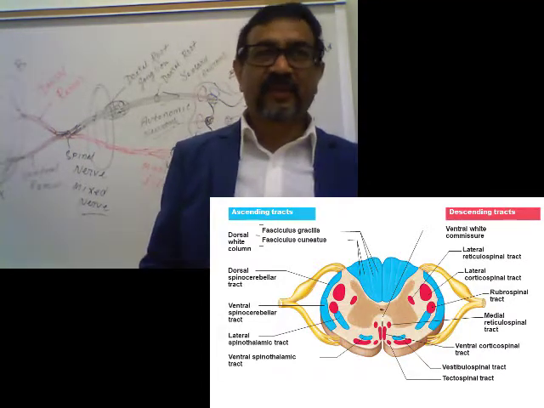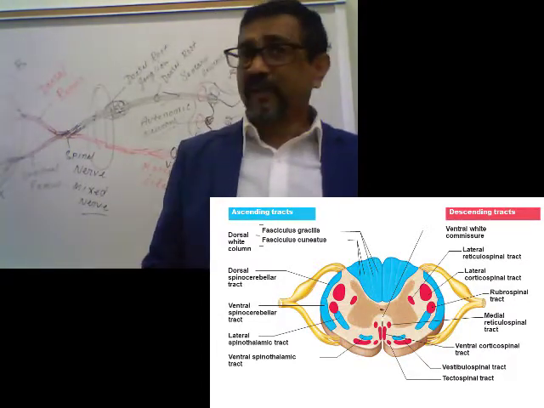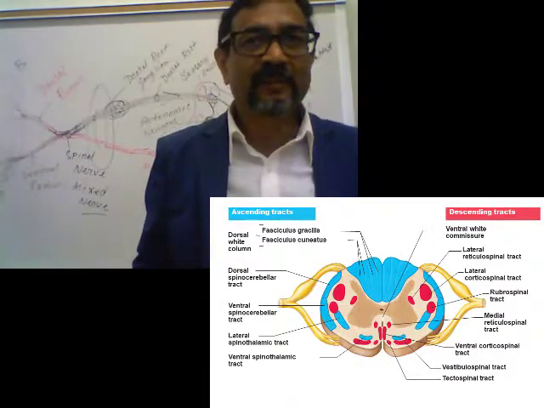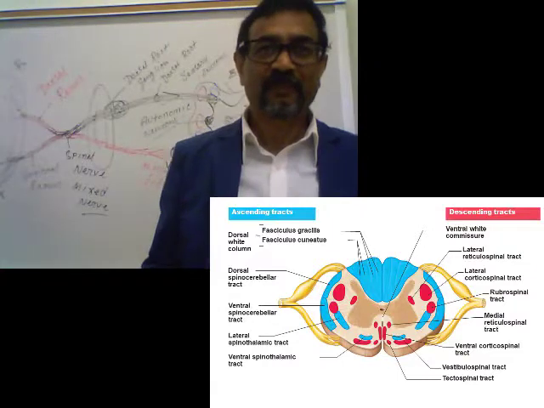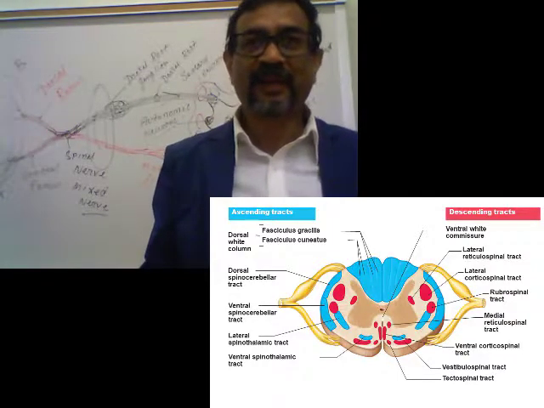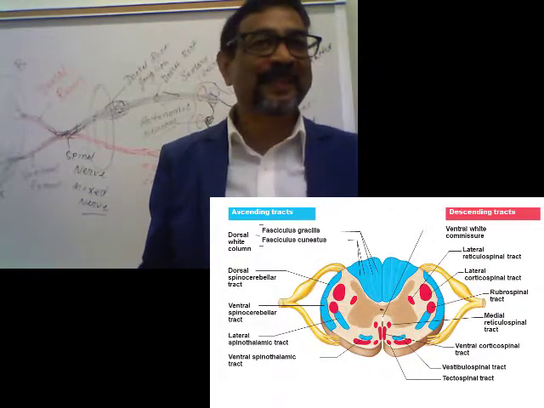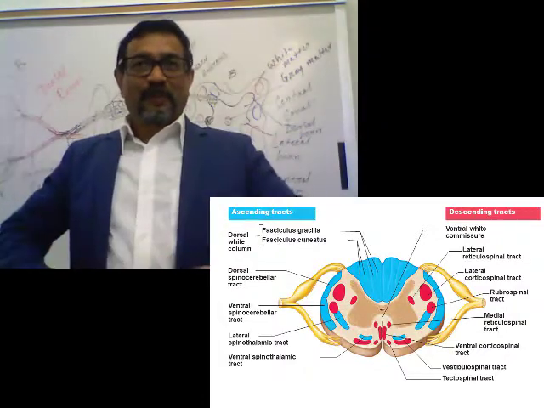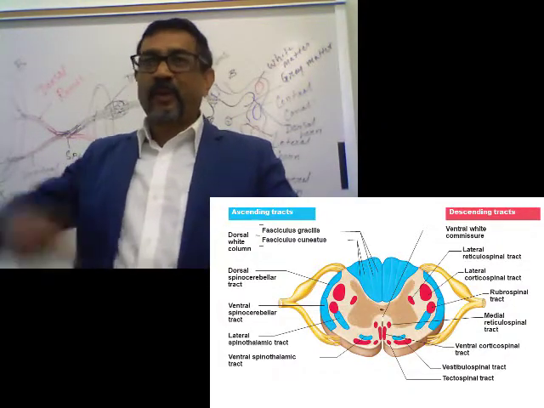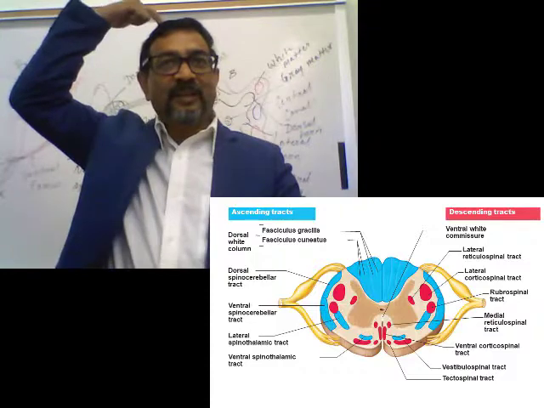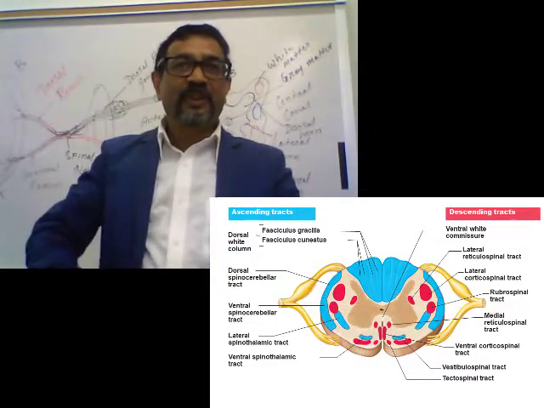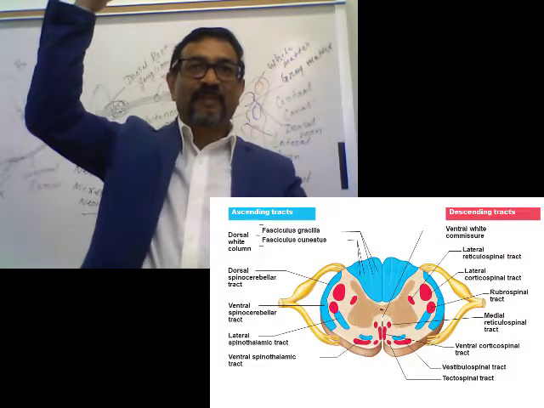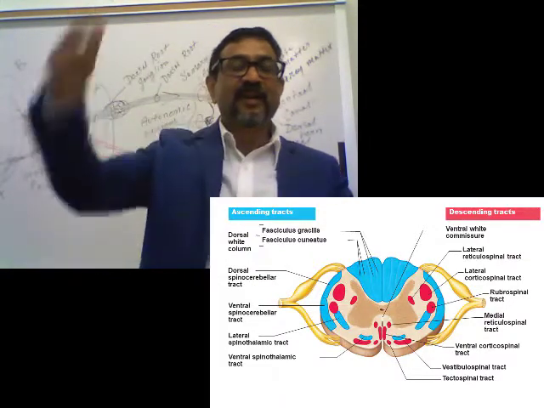Important sensory tracts are spinothalamic, going from the spinal cord to the thalamus. That's why I called it spinothalamic. Its name is telling you it is sensory because it starts where? Spinal cord and goes to the thalamus, which is in the brain, right? So just think, spinothalamic, which way should it go? Upwards. Make sense? Because the thalamus is in the brain.